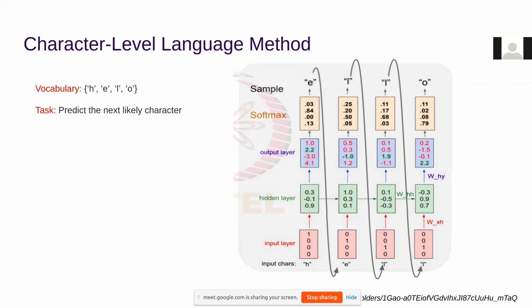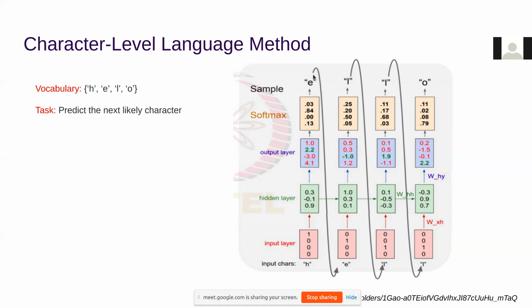If you notice, the task for each character is a classification: which character from this vocabulary is most likely, or should be predicted next. It is similar to a classification task, one out of many possibilities. And what is the loss function we use for classification?